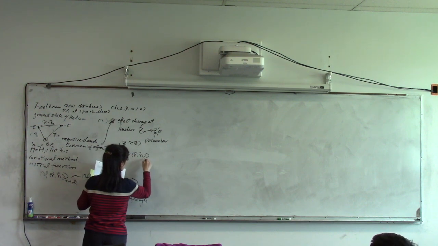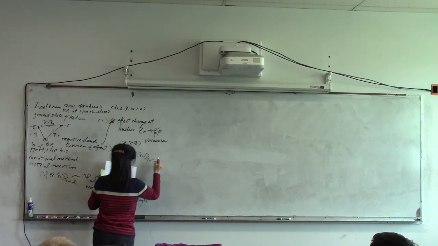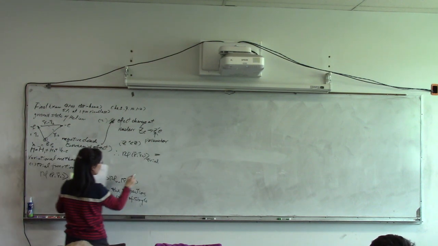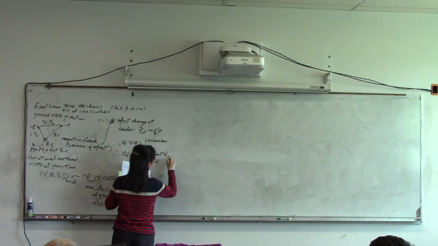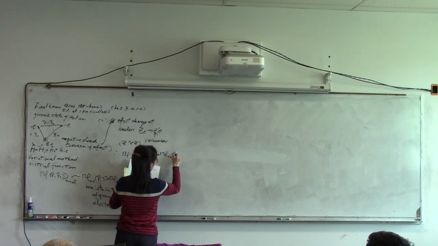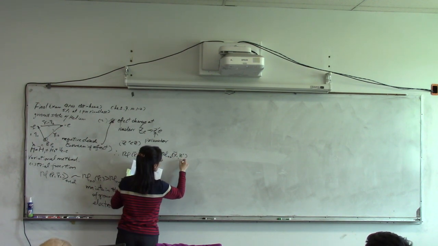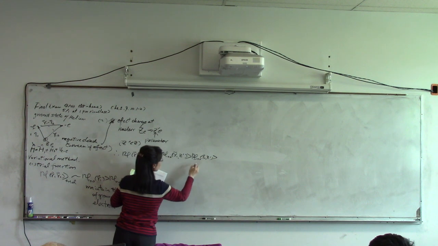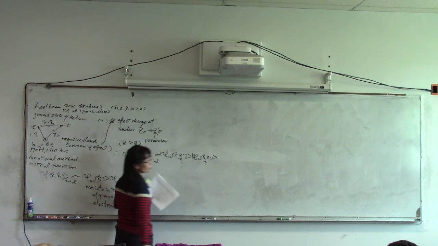psi of r1, r2. Now I'm going to write approximately equal here. The formula is the same, but here r1 with Z prime, r2 with Z prime. So that is the parameter we introduce.